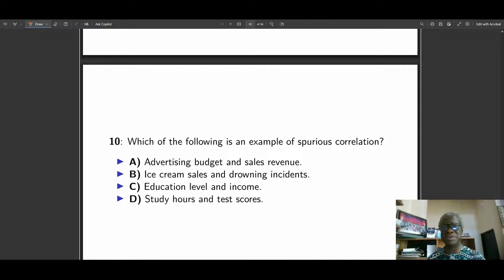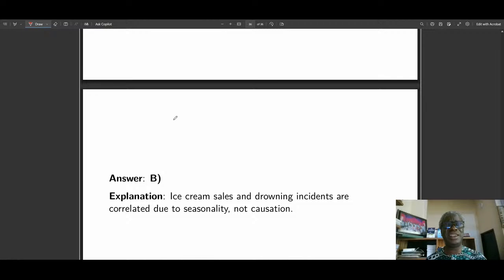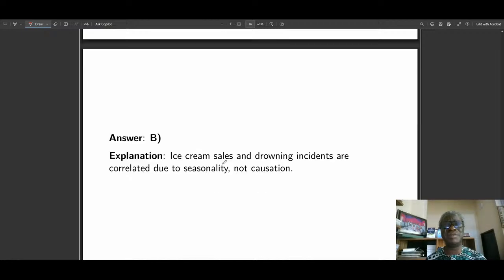So the correct answer is B. Ice cream sales and drowning incidents are correlated maybe due to seasonality, not that one is causing the other. We mentioned that in our discussion.